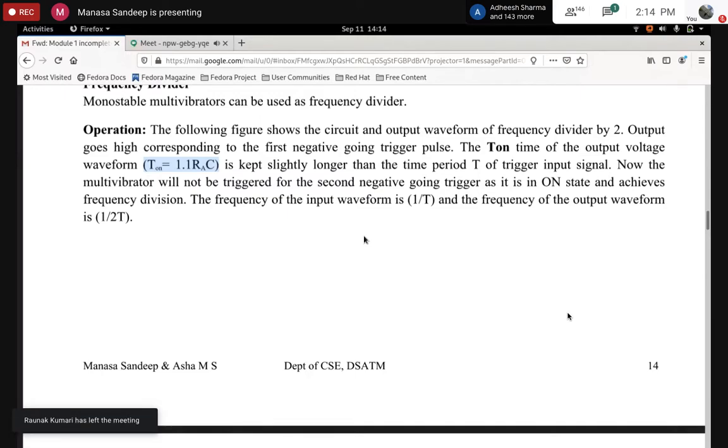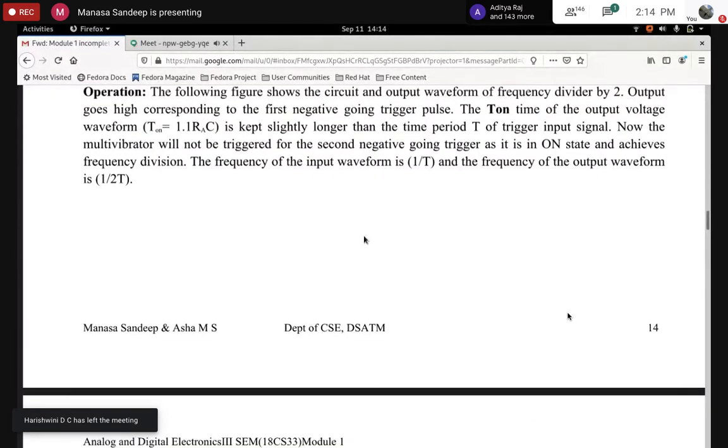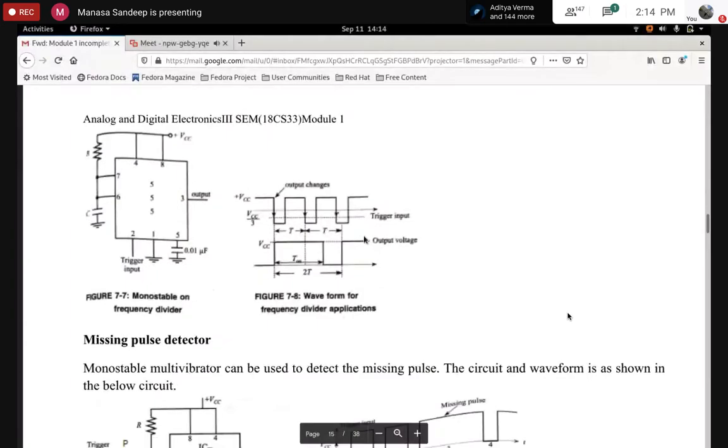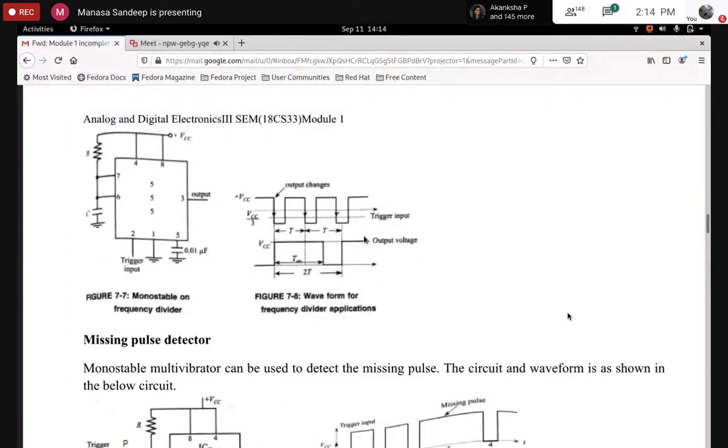Now, while I design my circuit, I will select the values of this resistor and capacitor such that the on time of this output waveform is slightly higher than the next negative going trigger. I'm going to keep the T on slightly longer than the time period T. What is this time period T?